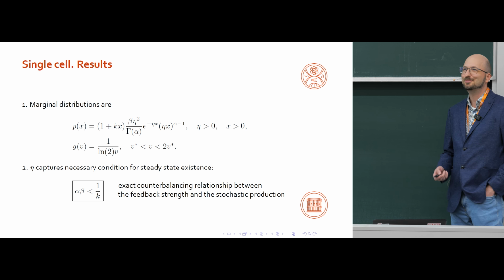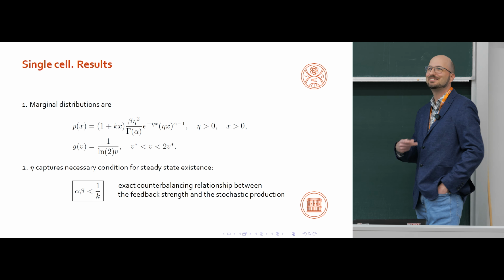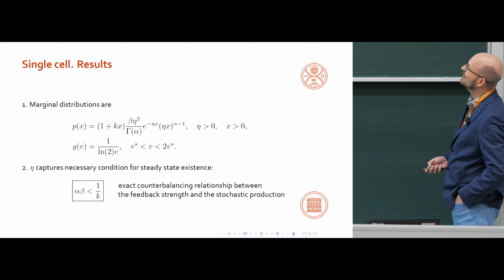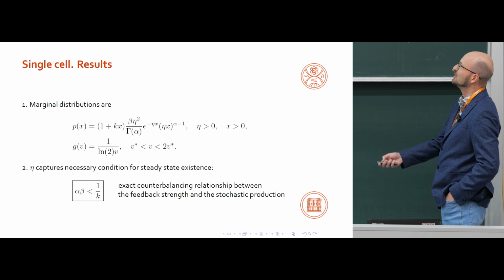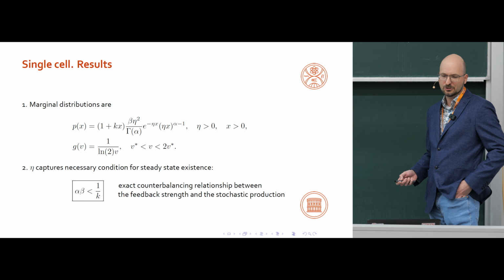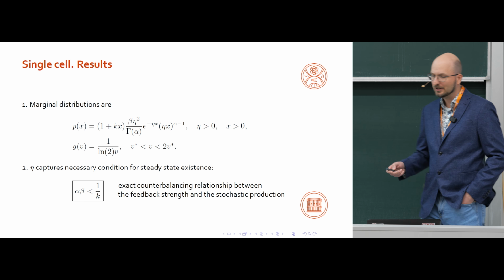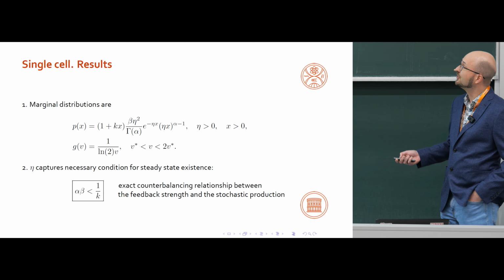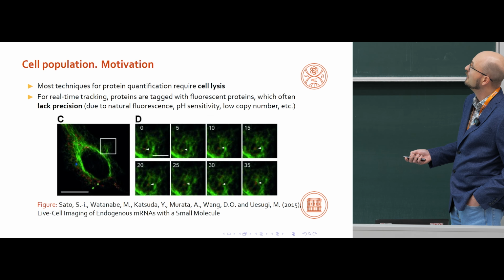Irina did. So Irina got a nice analytical solution with some condition between production and growth rate, which is somewhat technical, but we have an explicit solution. Okay, so this is single cell results.